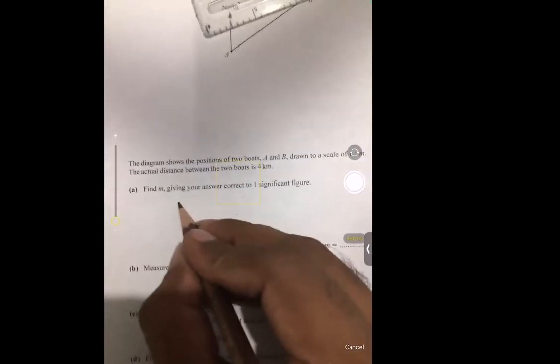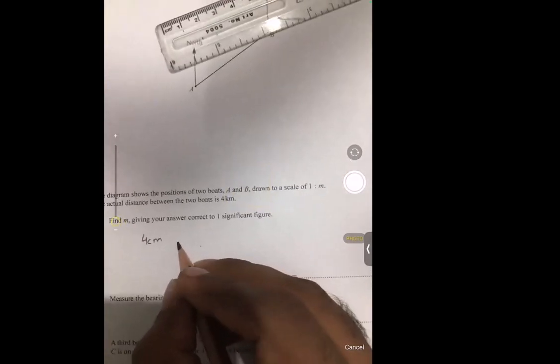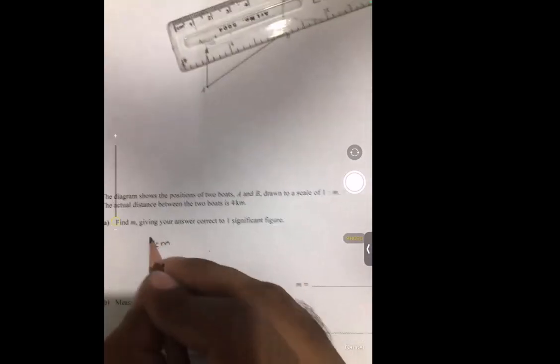So I'm going to write over here 5 centimeter in map is equal to 4 kilometer.